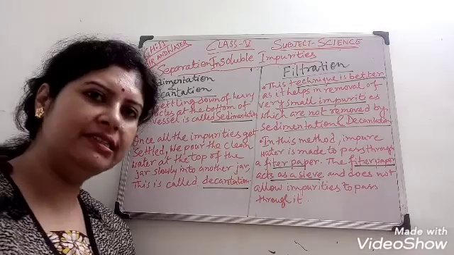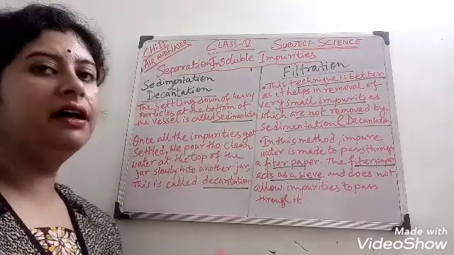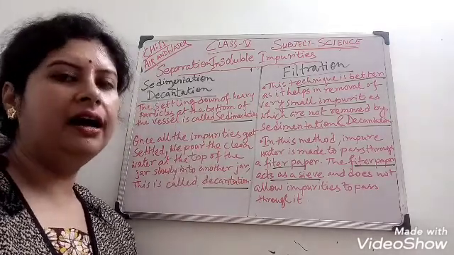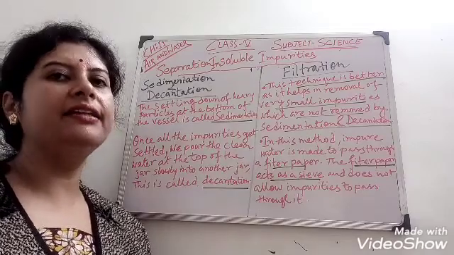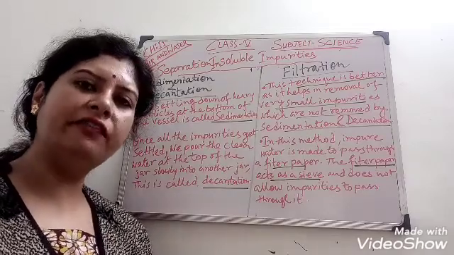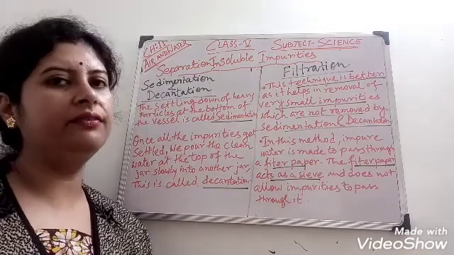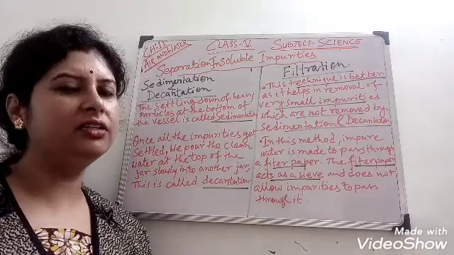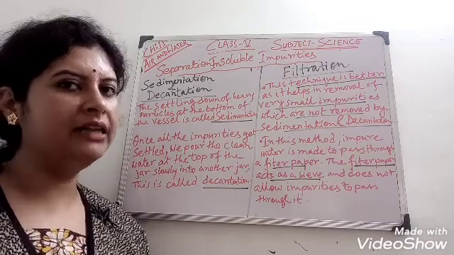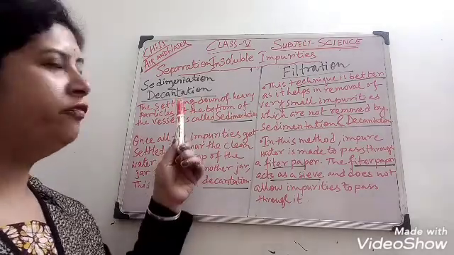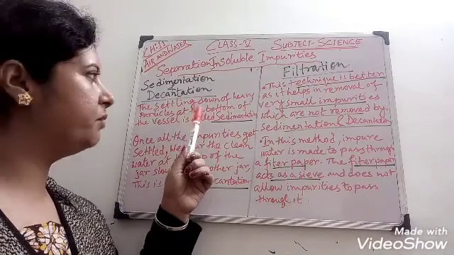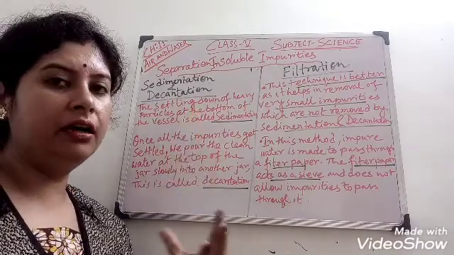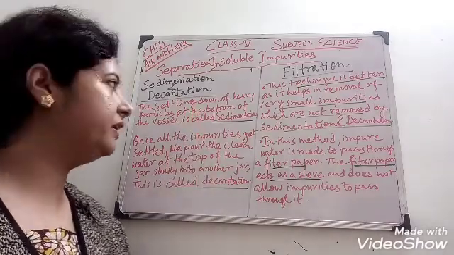As I already stated, if the impurities are lighter, then they float on the surface of the water, and if the impurities are heavier than water, then they settle on the bottom of the container. So, we follow the sedimentation process in case of heavier impurities.